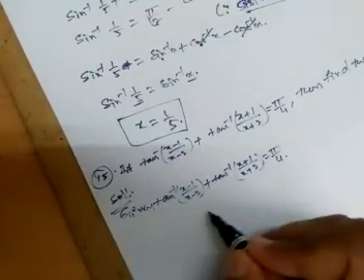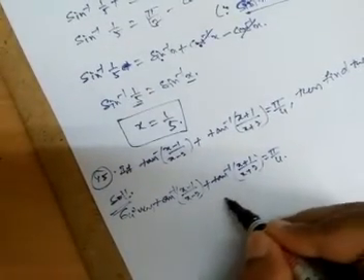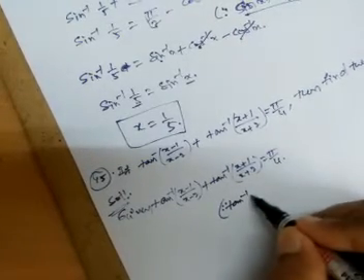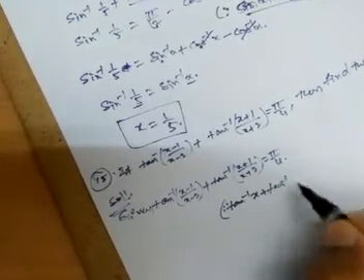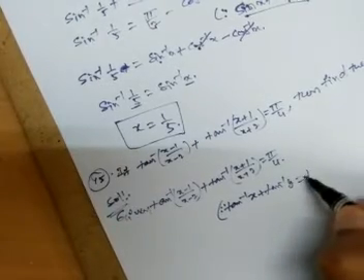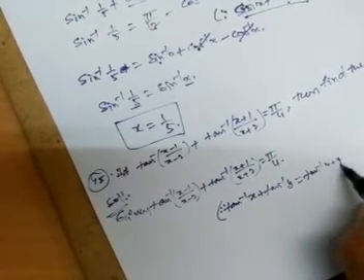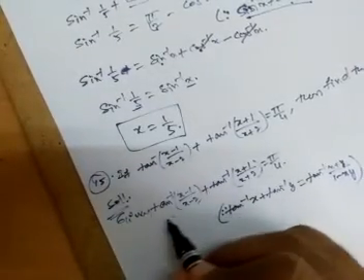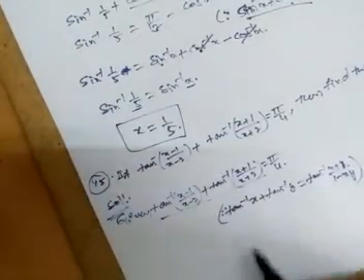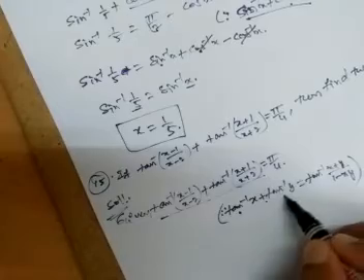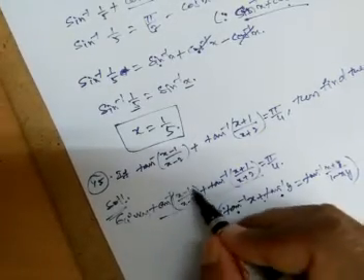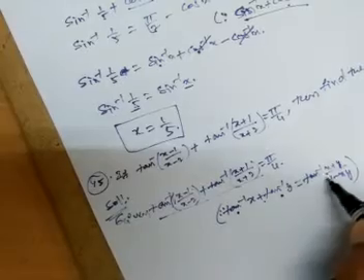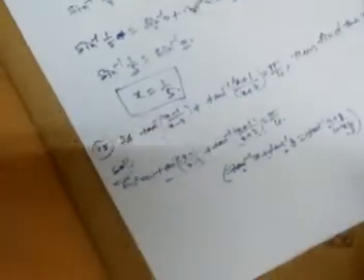We know the formula, tan inverse of x plus tan inverse of y equals tan inverse of (x plus y) by (1 minus x into y). So the given expression is in the form of tan inverse of x plus tan inverse of y. This total angle is x, this total angle is y. Then you can write tan inverse of (x plus y) by (1 minus x into y).